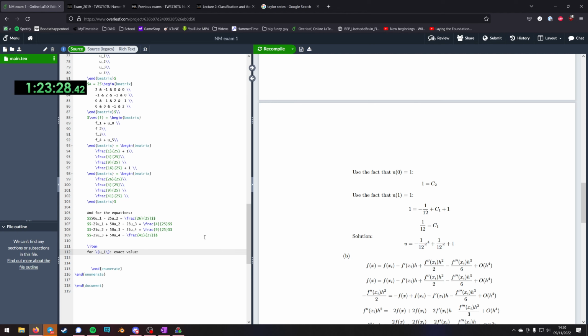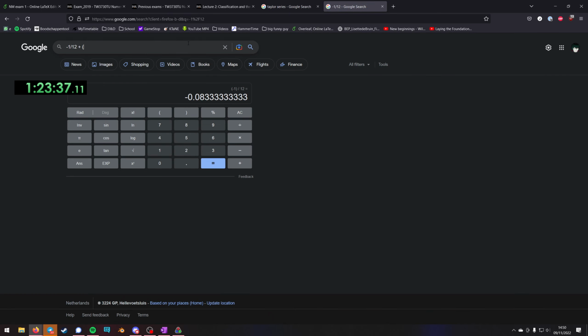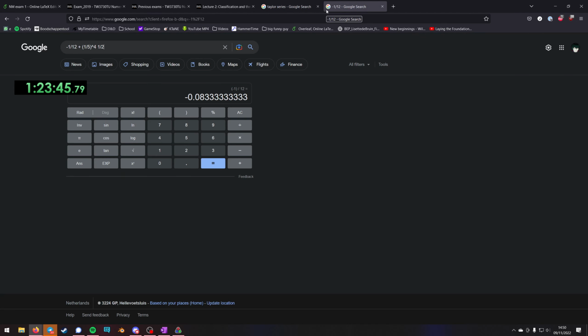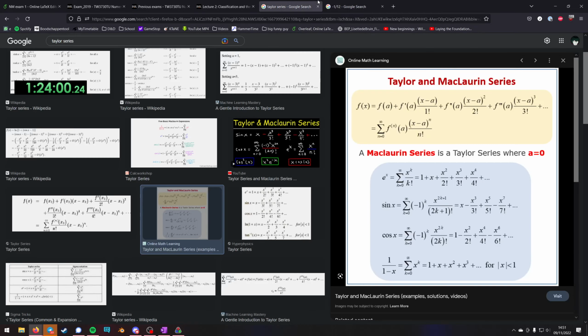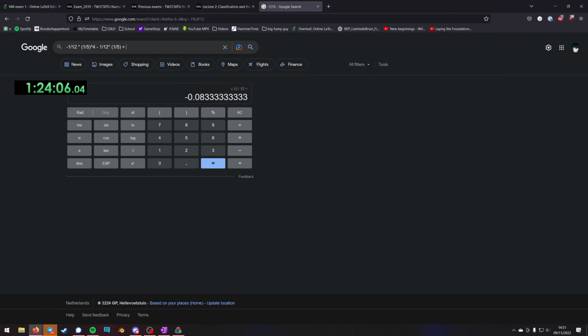So that is minus 1/12 times 1/5 to the 4th, could grab my calculator, but whatever, plus 1/12 times 1/5, no, the first one is a minus, the second one is a plus, and then plus 1.